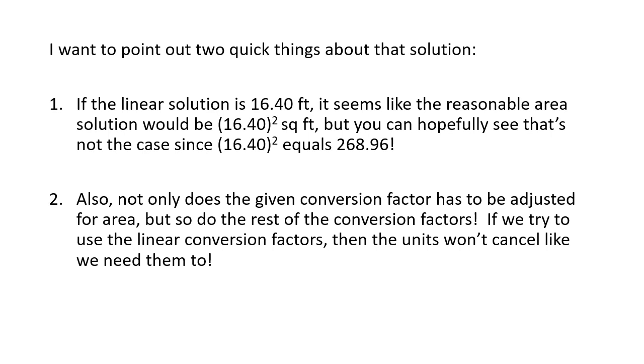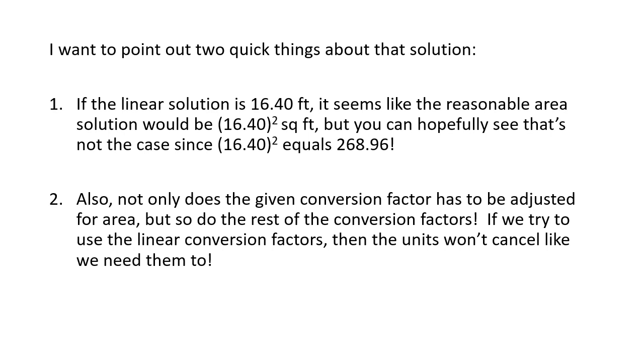So 2 things I want to point out about that solution that are really important. The linear solution is 16.4, so a lot of students, and you might even guess, well, if we're squaring everything, then we should just square the answer. And so if the linear solution was 16.4, then the area solution is probably going to be 16.4 squared. And that's not true.